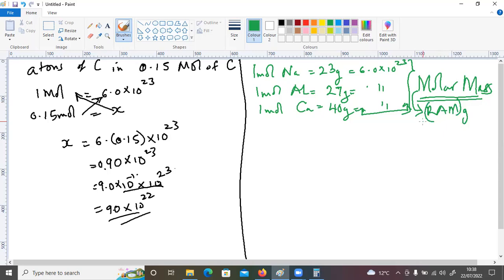So whenever we talk of molar mass, we are talking of a quantity of a substance which contains 6.0 times 10 to the power 23, and we are in luck because it's always equivalent to its relative atomic mass. So then when we know that, what are they going to be asking us in those kind of equations?